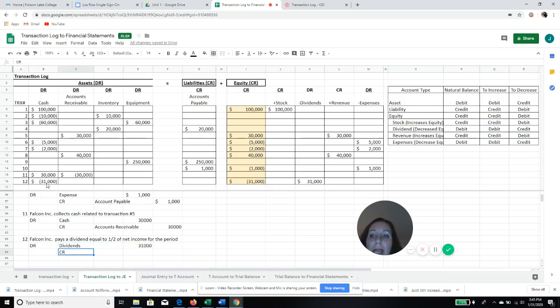And then when we paid our dividend, we decreased cash, and cash is an asset. We decrease assets with a credit. Okay, so those are all of our transactions. We have now put them into journal entries. In the next section, we will transfer our journal entries into T accounts.